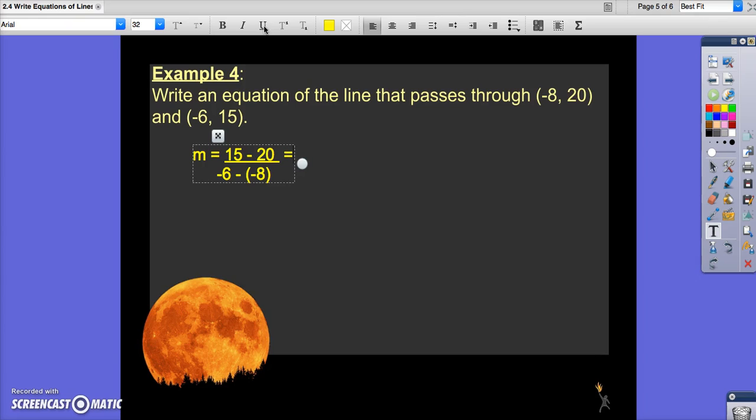You should get -5/2. From there, you're going to take that in some point. So what I would do in the next step is I'm going to write it over here, m equals -5/2. Pick a point. It doesn't matter which one you choose. I like to rewrite them. Like so. And then plug it into y equals mx plus b. So I actually write them over.